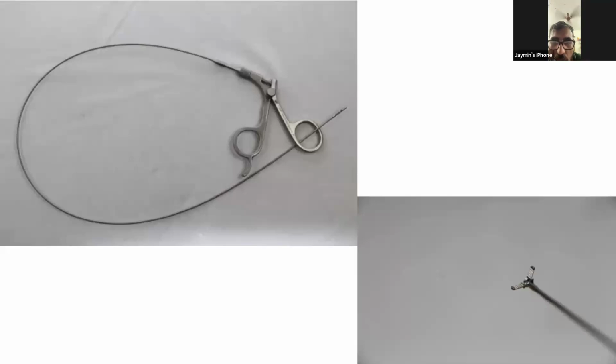For removal forceps with the tip having serrations, likely to be an alligator type of a grasper. So flexible biprong non-tooth metallic grasper. Okay. Yes, sir.